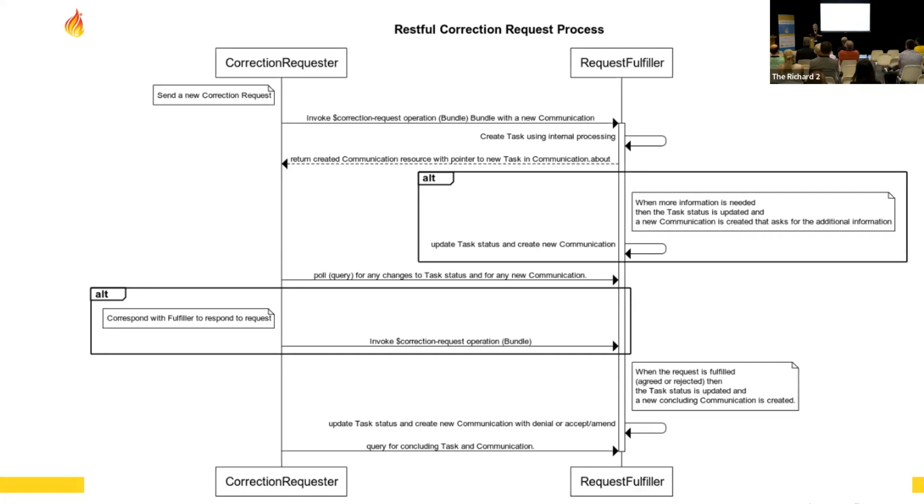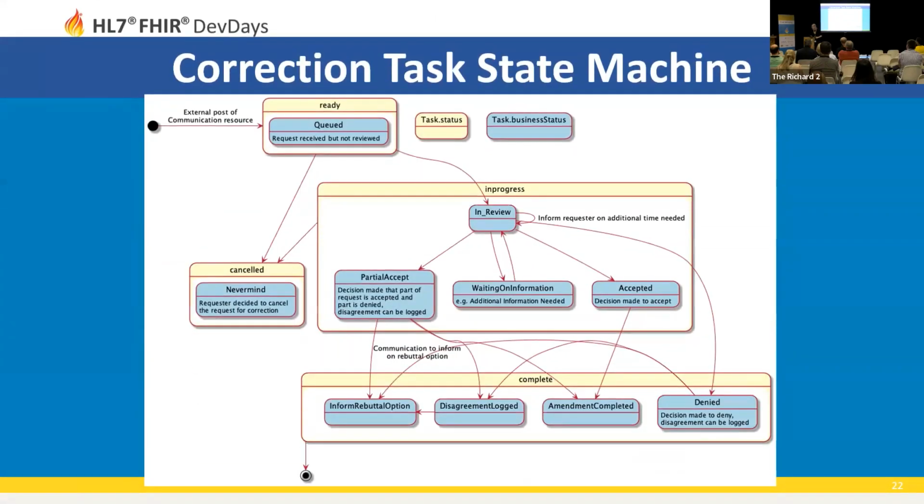And then finally, you have a resolution where it's completed, it's fulfilled. We're tweaking this in the guide a bit too, because we're actually turning this into 2 state machines.